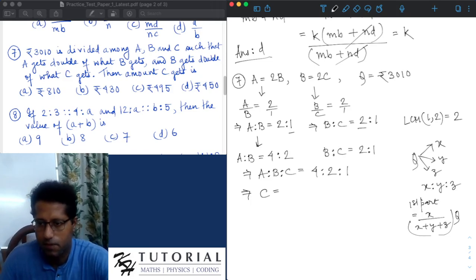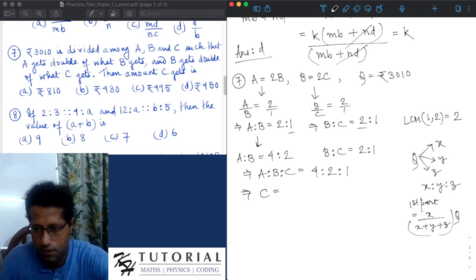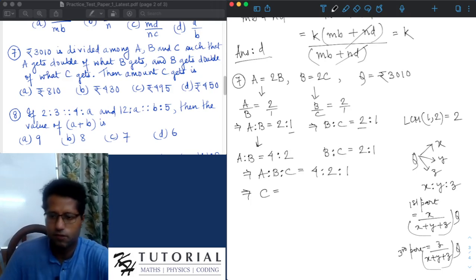Similarly, the third part will be z divided by x plus y plus z into Q. So this is the formula.